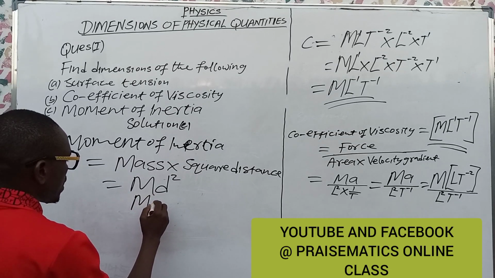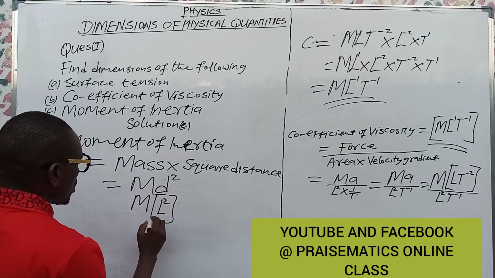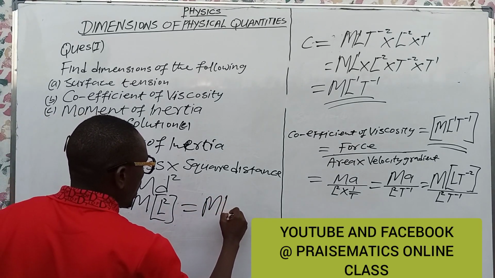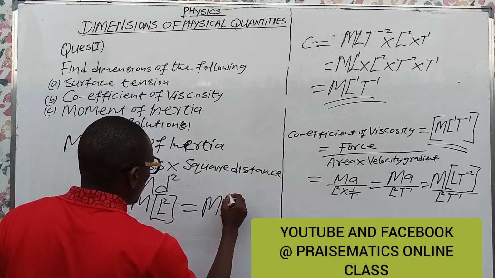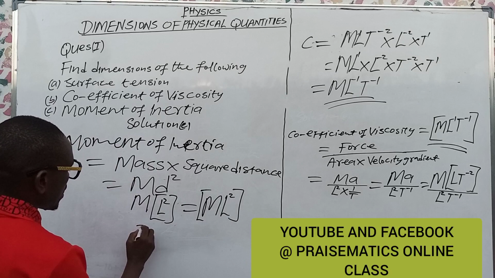M is the mass, and d square is L square. Finally, what do we have? We have that the dimension is M L 2, which is the dimension of this.